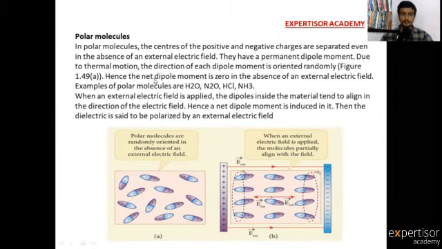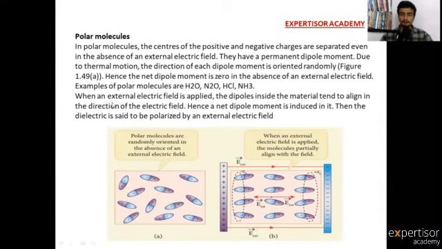Hence, the net dipole moment is zero in the absence of an external electric field. Examples of polar molecules are water, nitrogen oxide, HCl, and NH3: H2O, N2O, HCl, NH3.